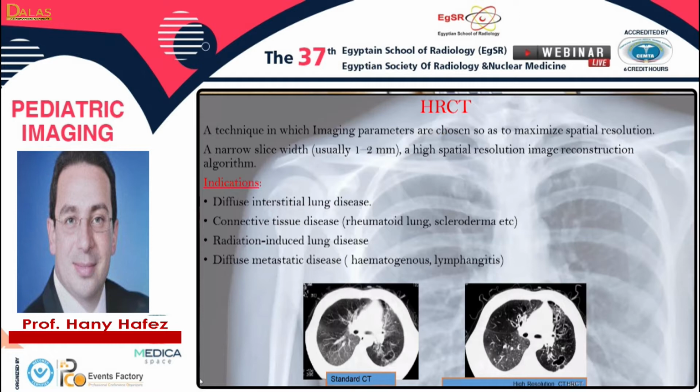High resolution CT scanning is not the ideal scanning in many techniques, but only in diffuse interstitial lung disease, connective tissue disease, radiation-induced lung disease, and diffuse metastatic disease. It uses thin cuts and high spatial resolution scanning.